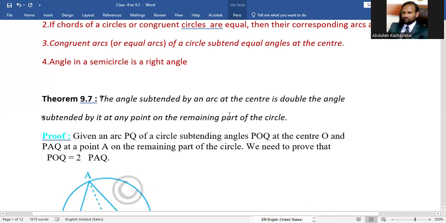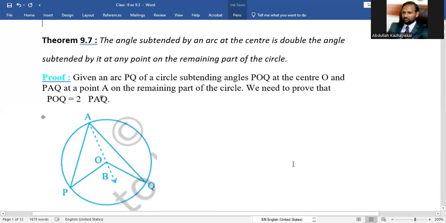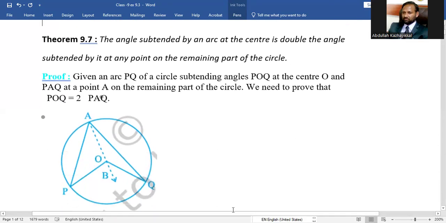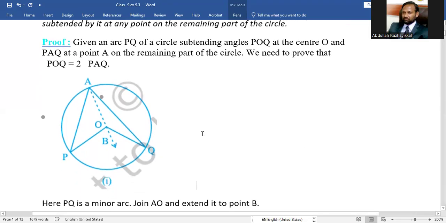The angle subtended by an arc at the center is double the angle subtended by it at any point on the remaining part. Now, arc PQ is given. You can see arc PQ here. It subtends angle POQ. You can see the center, POQ.